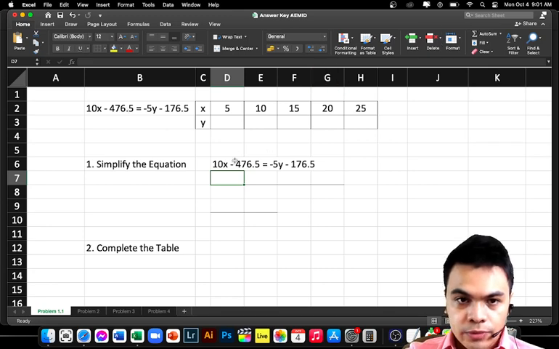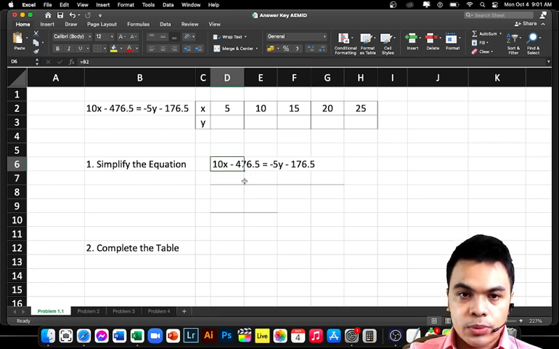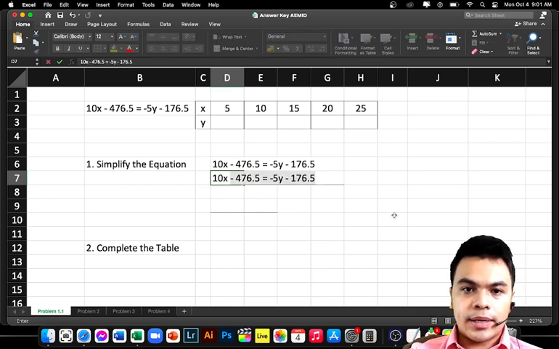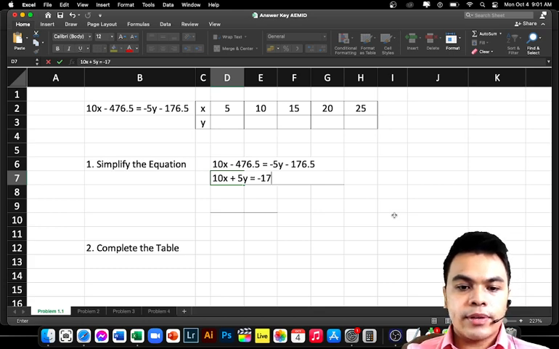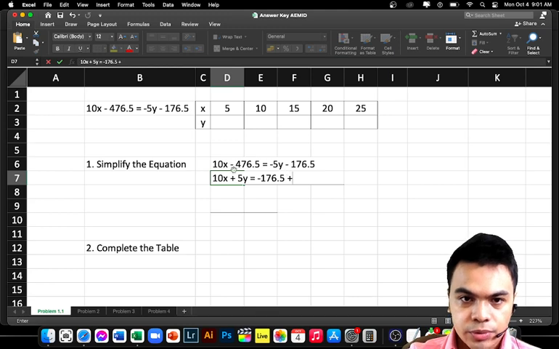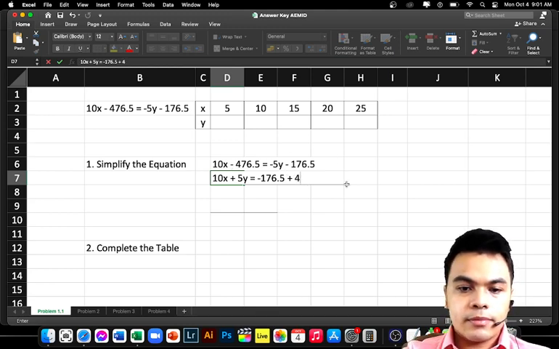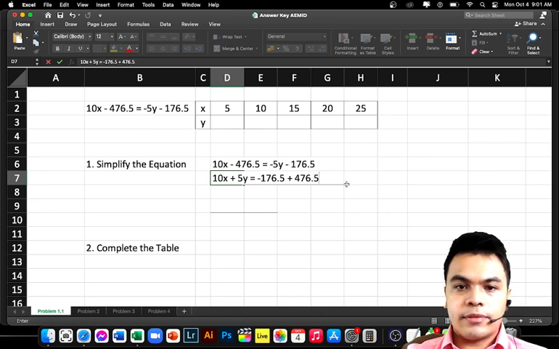Okay? So first thing, we have to transpose this one to the other side. And itong 5y naman on the other side. So 10x, so magiging plus 5y na siya is equal to negative 176.5 plus, yan, change yung kanyang value, 476.5.